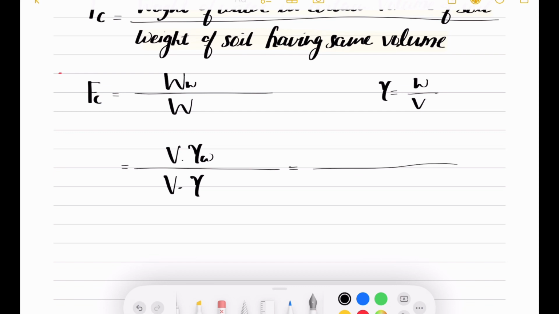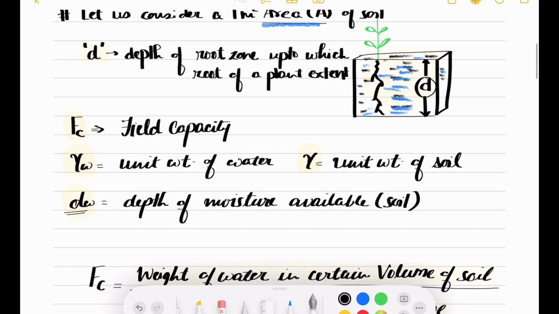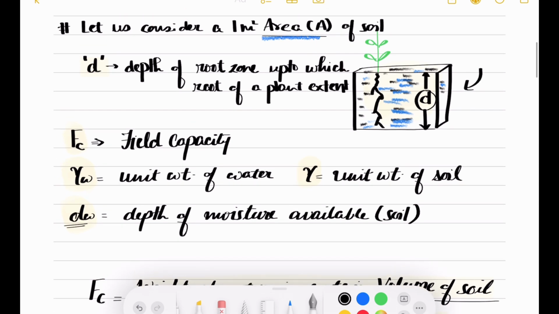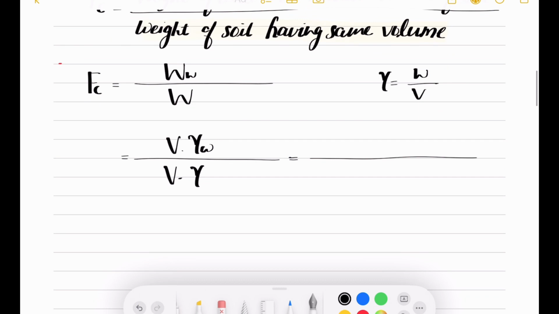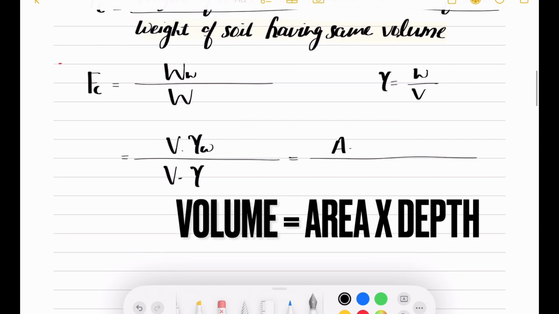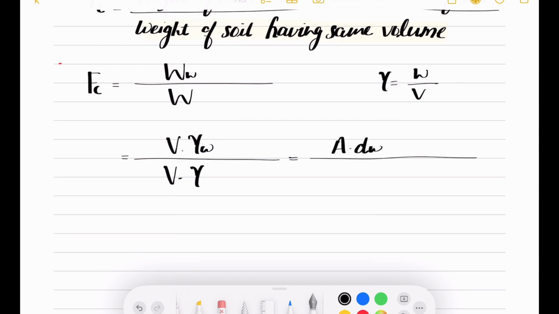Since we are taking a certain specific area of soil section, this volume can be written as A into depth of water that is stored in the soil, into gamma W, divided by A into depth of root zone into unit weight of the soil. Since area is the same, this can be cancelled out.